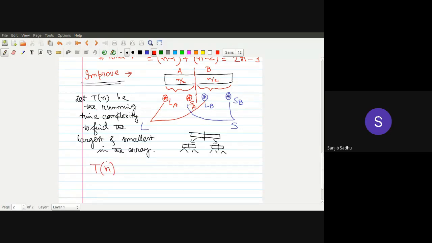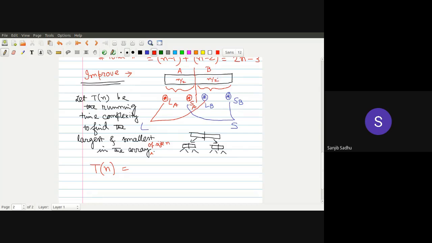Now, what is the running time complexity to find the largest and smallest in an array of size n? What we are doing is dividing this problem into two subproblems of size n by 2, n by 2. Don't worry, if the total number of elements is odd, then one will be n by 2 and the other n by 2 plus 1.